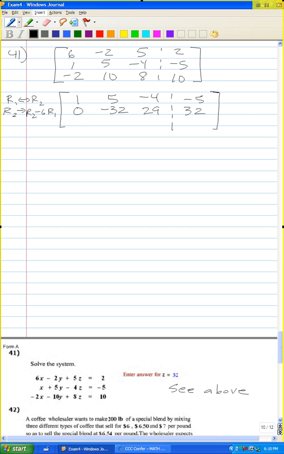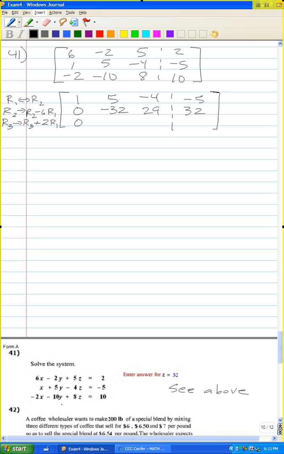Okay. Next, let's make this 0 here, the -2. So let's take the third row, add to it twice the first row. 2 minus 2 is 0. Oops, wait.